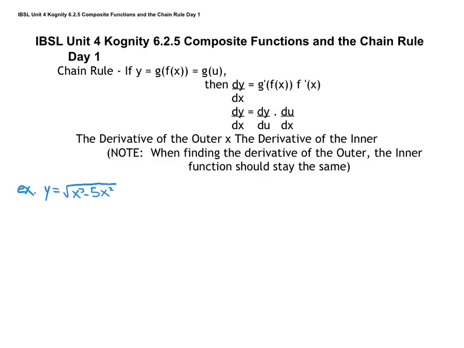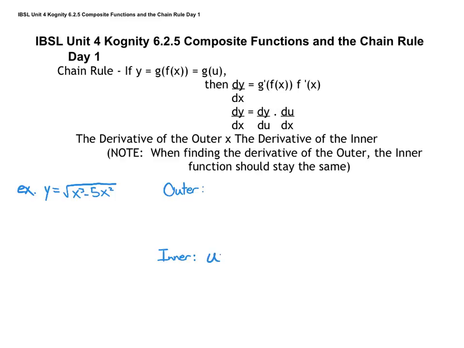So we need to consider two things. We need to consider what the outer function is and also what the inner function is. Now sometimes the inner function can be a little bit easier to understand or to recognize. What is the inner function in this case? Yeah, it's that cubic polynomial there, x cubed minus 5x squared.